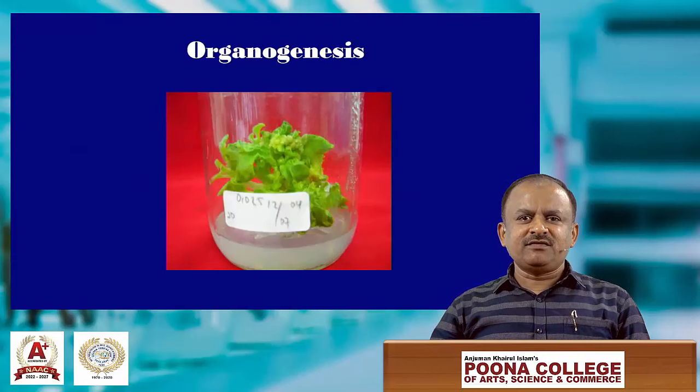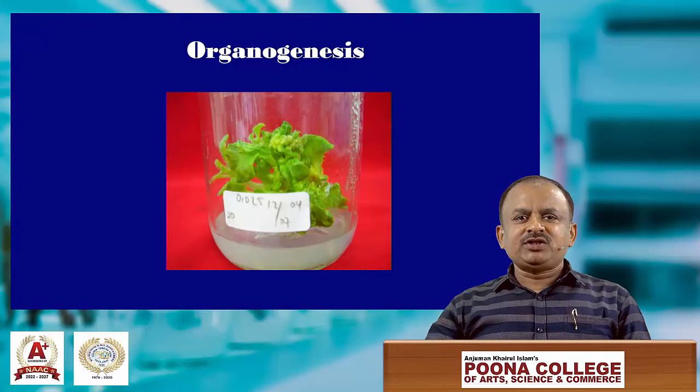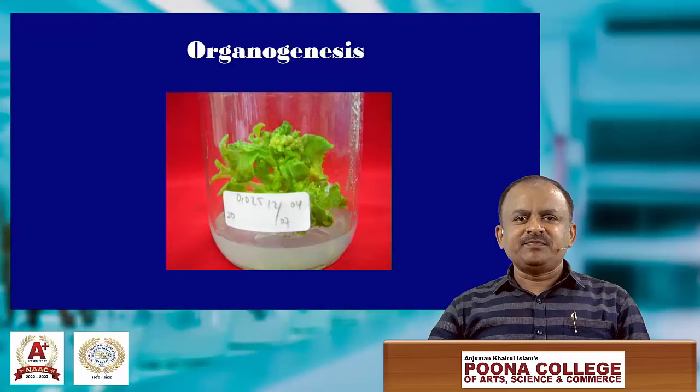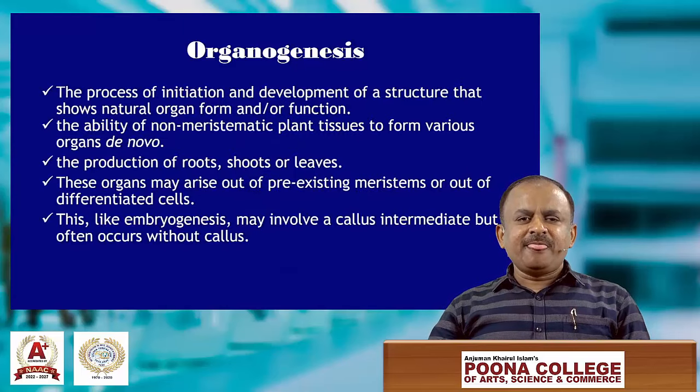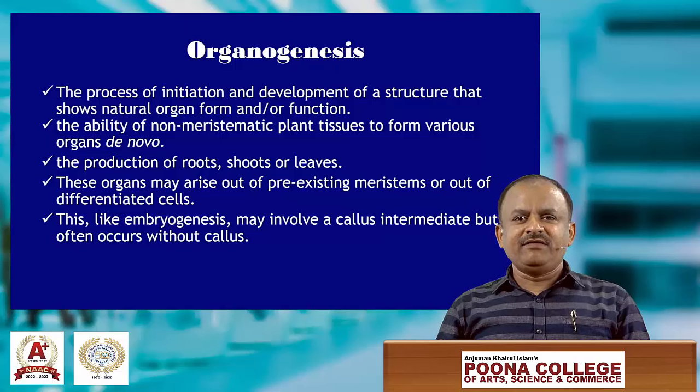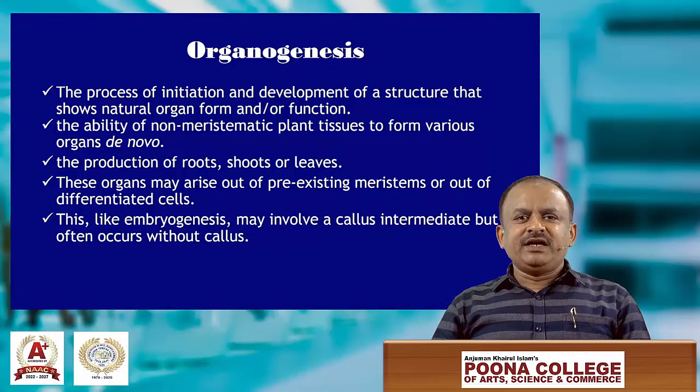So this is the result of organogenesis. We have produced organogenesis in the laboratory. These are the organs, with only shoot development after the combination of auxin versus cytokinin. What is meant by organogenesis? It is the process of initiation and development of a structure that shows natural organ forms and different functions.